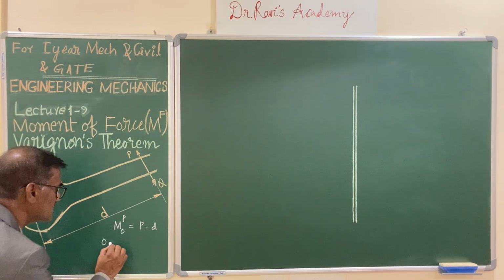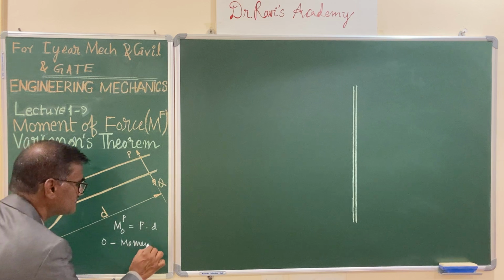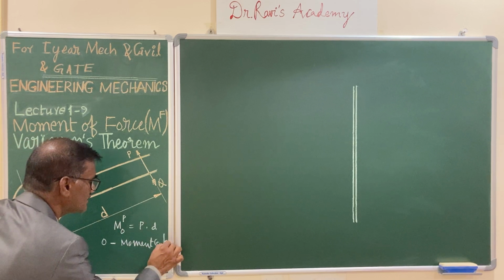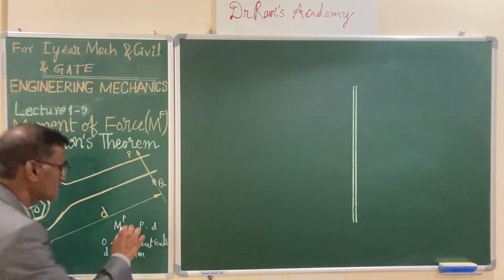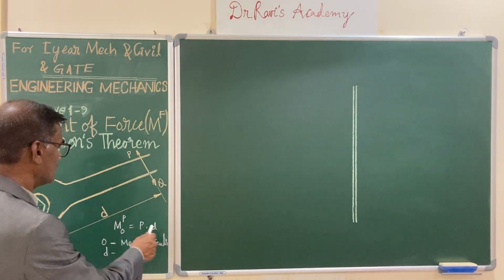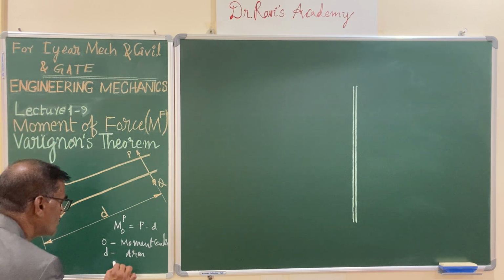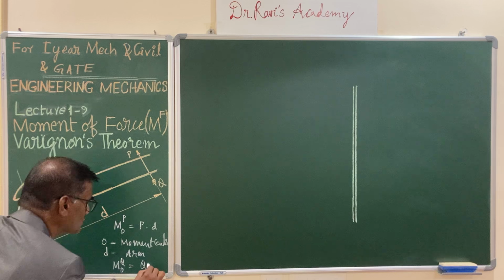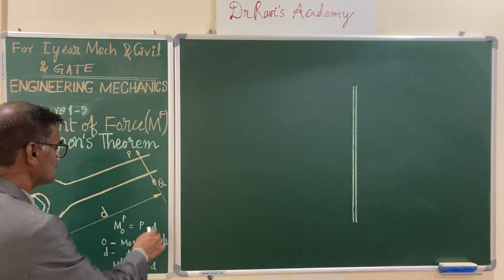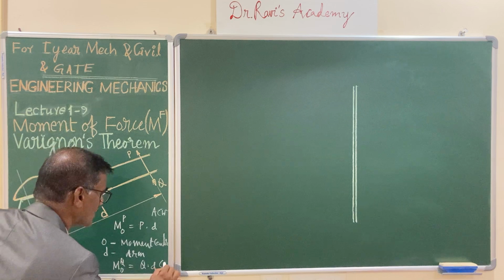Your O is the moment center, and D is the moment arm. And the same way you can write down the expression for moment of force Q also about O, it is Q into D. So this is anticlockwise moment, here it is clockwise moment.